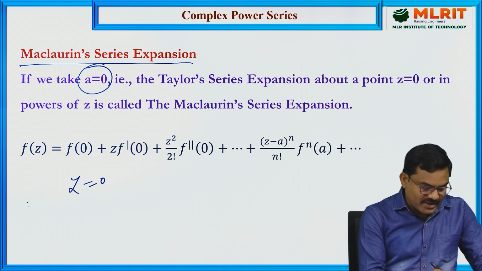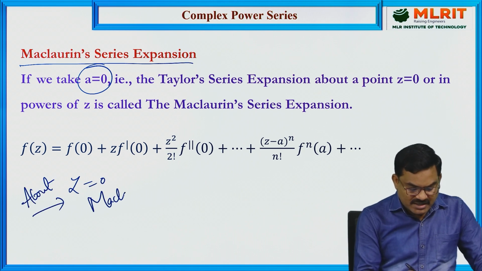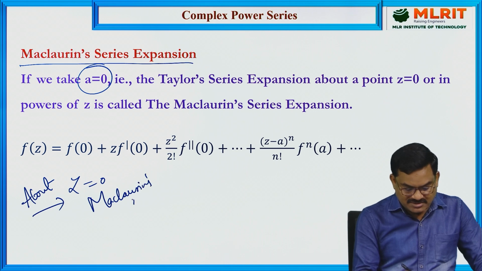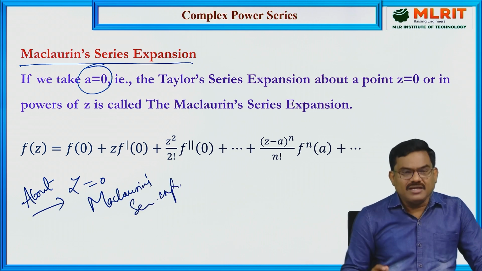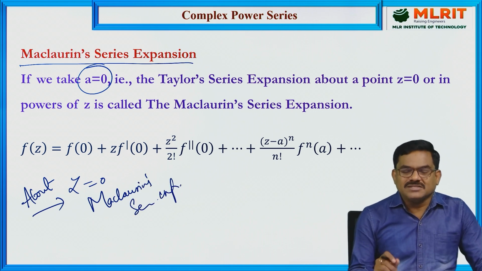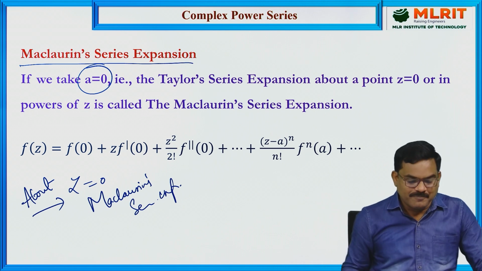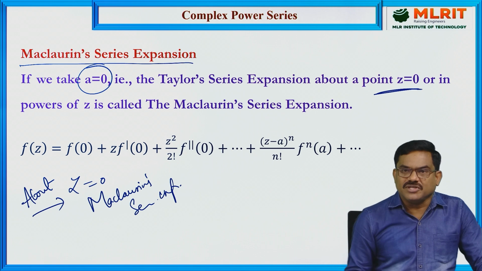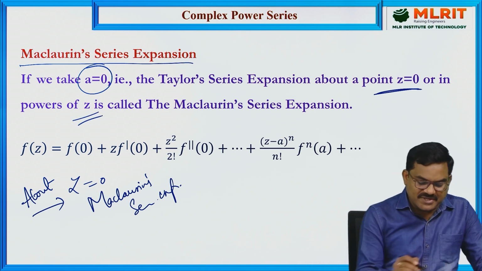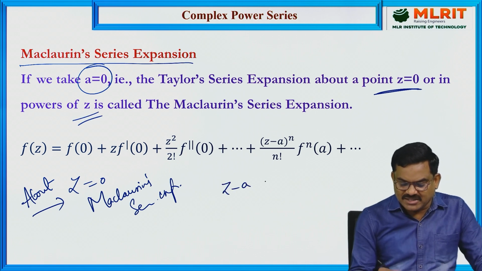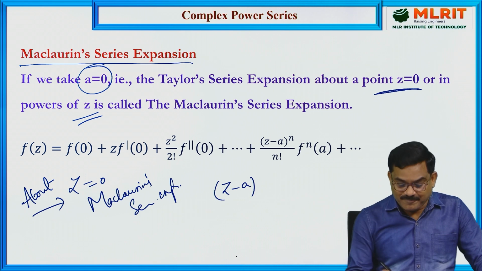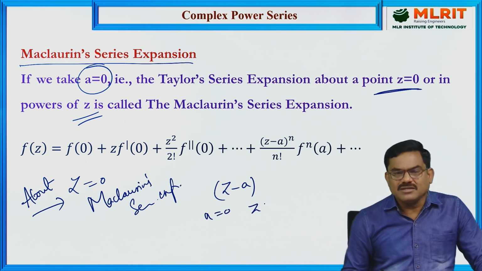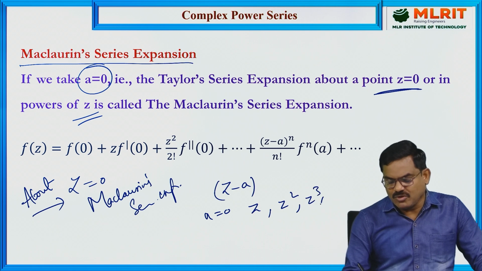So if you can find the expansion about z equal to 0, that is called Maclaurin's series expansion. So simply the Maclaurin series expansion is a subcase of Taylor series expansion. That is the Taylor series expansion about a point z equal to 0 or in powers of z. Previously we have z minus a, the powers of z minus a, but a is 0. So we will get the powers of z only, z, z square, z cube and so on.